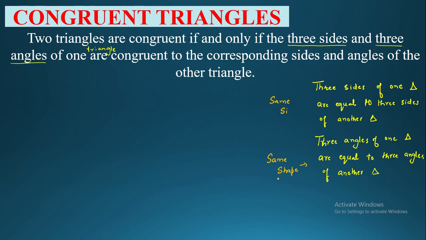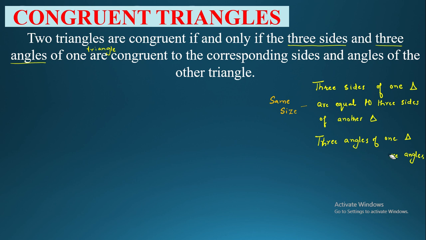By having this situation, the two triangles will have the same size and their shape will be same if their angles are equal. So we have two conditions here, that three sides and three angles of one triangle are equal to three sides and three angles of another triangle.